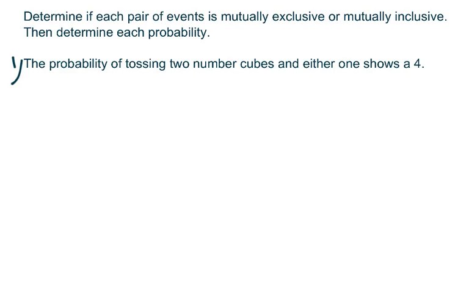So for the first one, it's inclusive because if we toss two number cubes and either one shows a 4. So the first one shows a 4, then the second one shows a 4. Then we have to subtract 1 over 36.